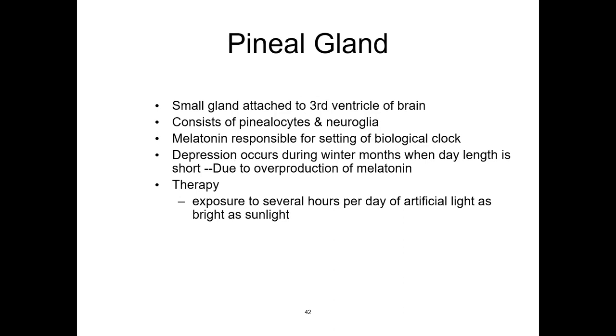When the amount of sunshine is too low outdoors during the winter months, a depression might occur. I'm sorry, I explained this wrong. So depression occurs because of the overproduction of melatonin. Melatonin is produced during nighttime, and it produces this subdued, sleepy nature to our body.